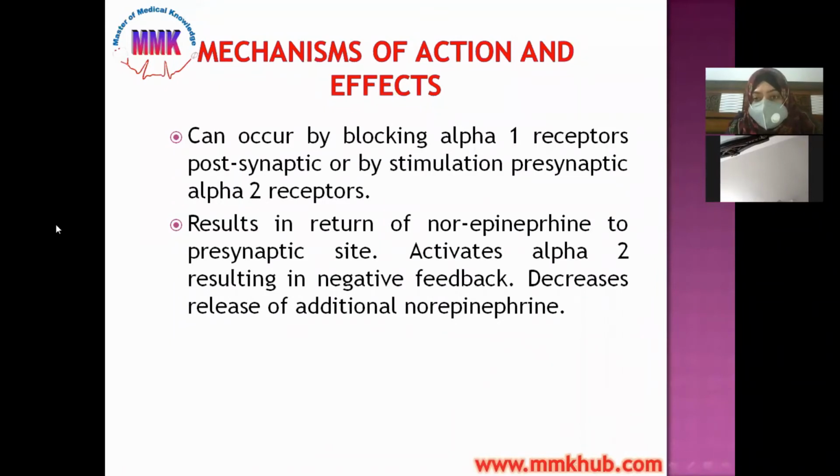And as we studied in the last class, the alpha-2 receptors are inhibitory. So if they are stimulated, they will also reverse the action of the sympathetic nervous system. This results in return of norepinephrine to the presynaptic site, activates the alpha-2 resulting in negative feedback, and decreases the release of additional norepinephrine.